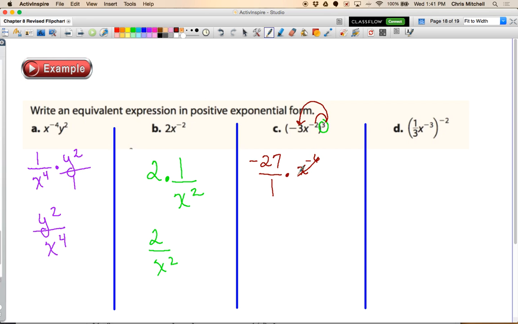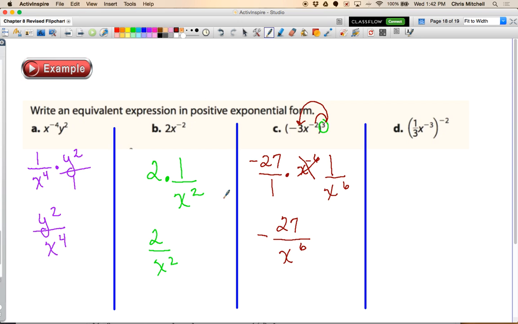Now I'm going to go ahead and change that right away to 1 over x to the 6th. So I'm going to multiply negative 27 times 1 will give me negative 27. And then 1 times x to the 6th power is going to be x to the 6th. So my final answer is negative 27 over x to the 6th power.